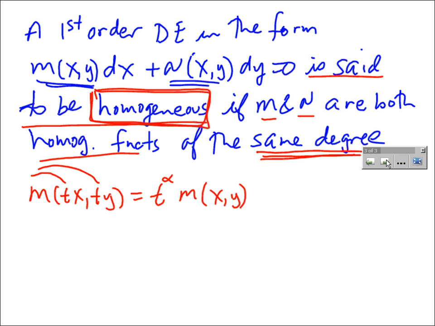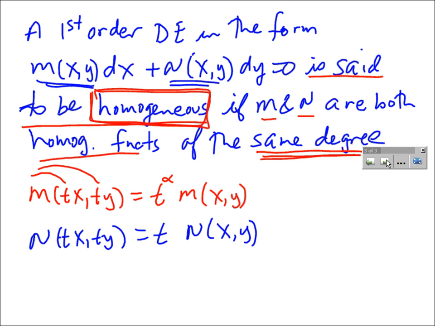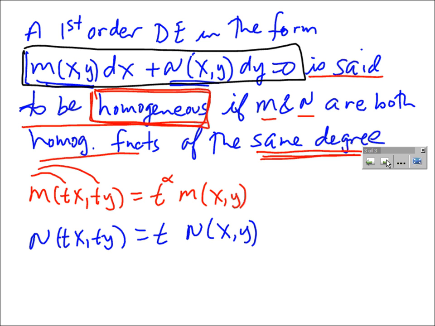Now, when it comes to the n of tx, ty, once again the t to some power factors out times n of xy. For this equation up here, it must be true for that equation up there to be homogeneous.